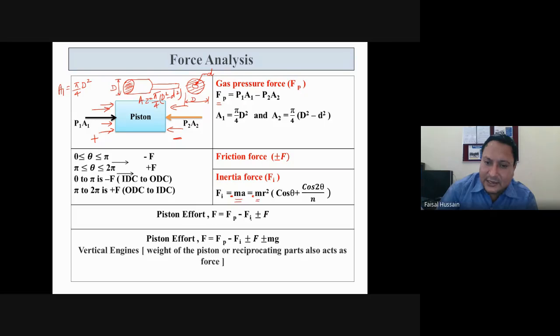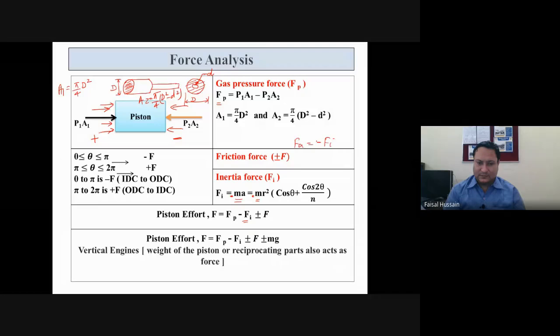Inertia force is always in the opposite direction. Fa equals Fi, but in the opposite direction, that's why I have used minus Fi. So this is the piston effort when your engine, or piston, is in the horizontal position.